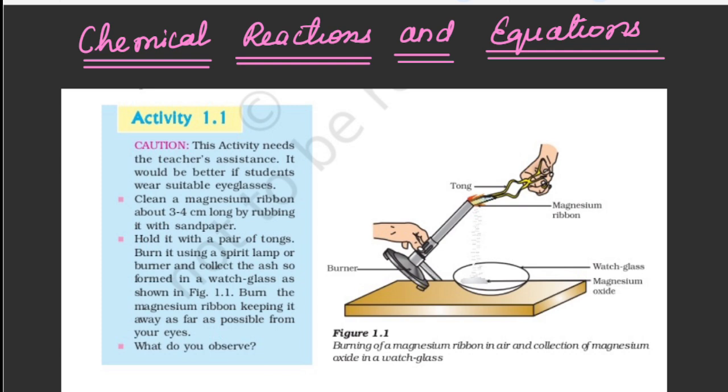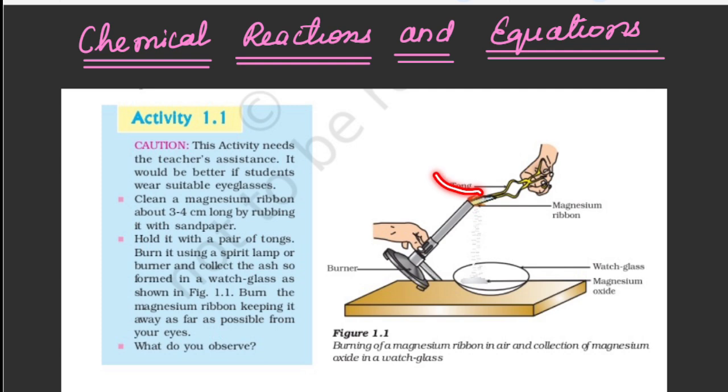The second step is to take that magnesium ribbon and burn it in the flame. You can see here there is a burner. Using the burner, we are going to burn this magnesium ribbon. What is the observation you are going to see? You will see two things.